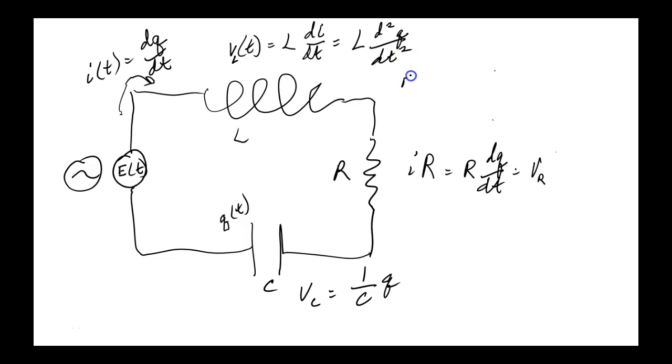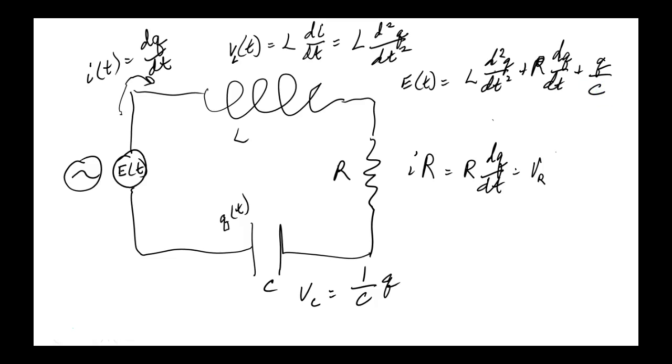I like to do the E of t first. They do it second. It doesn't matter. E of t is equal to L d2q/dt squared plus R dq/dt plus q over C, or 1 over C times q.